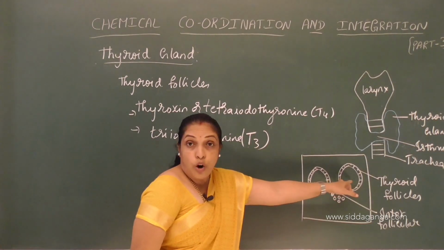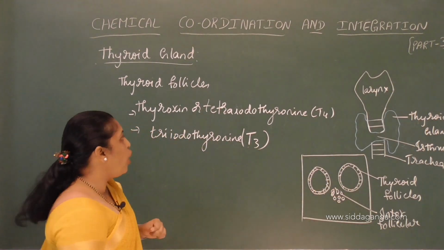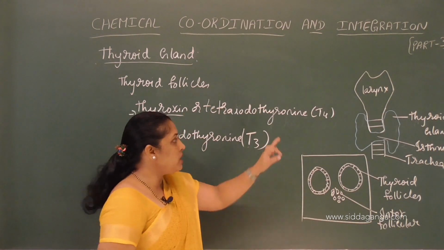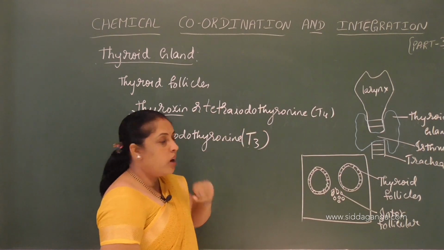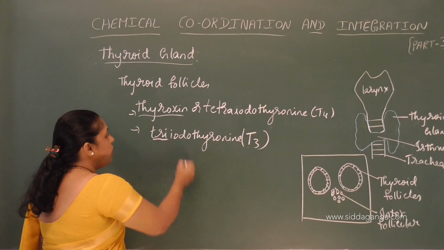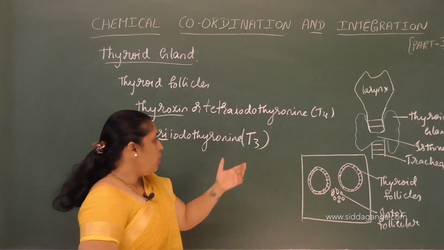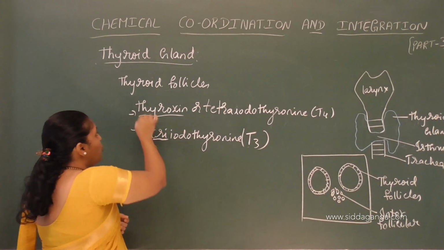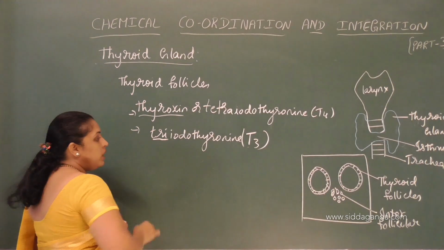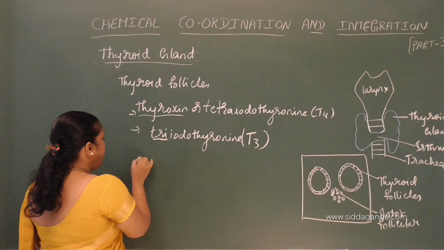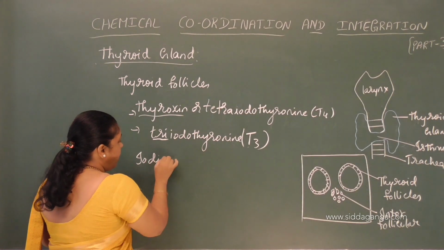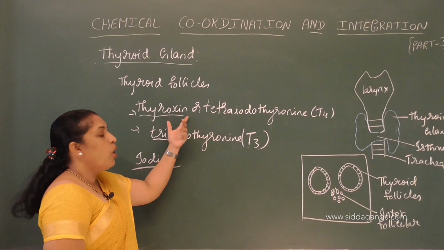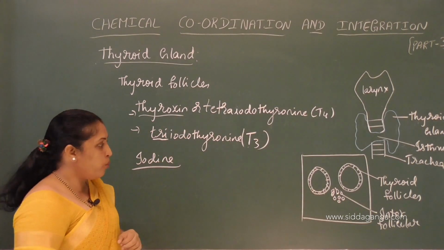Tetraiodothyronine contains 4 iodine atoms, and triiodothyronine contains 3 iodine atoms. For the production of these hormones, we need iodine. Iodine is very much essential in the synthesis of these hormones.